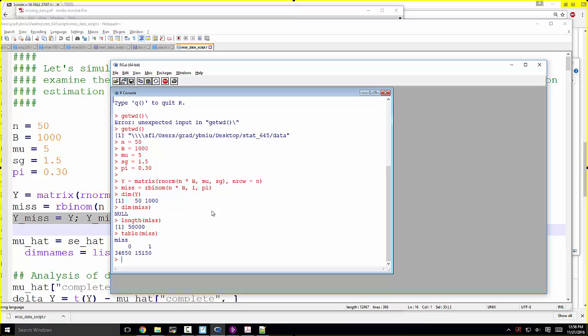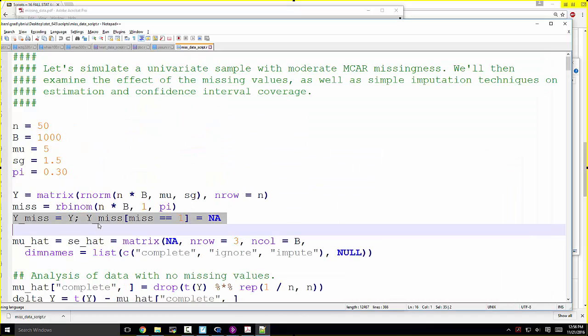It's going to take the first 50 values of miss and apply that to the first column of capital Y, and then the next 50 are applied to the next column, and so on and so on. So this command here, Y miss where miss double equal 1, is going to pick the corresponding cells throughout the whole matrix of capital Y.